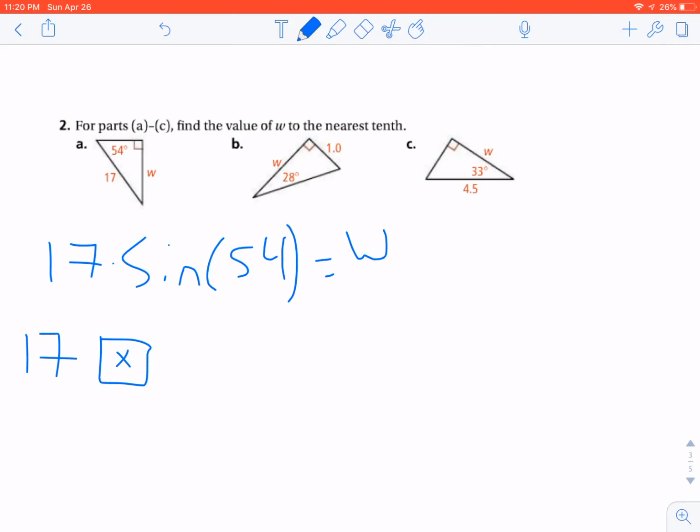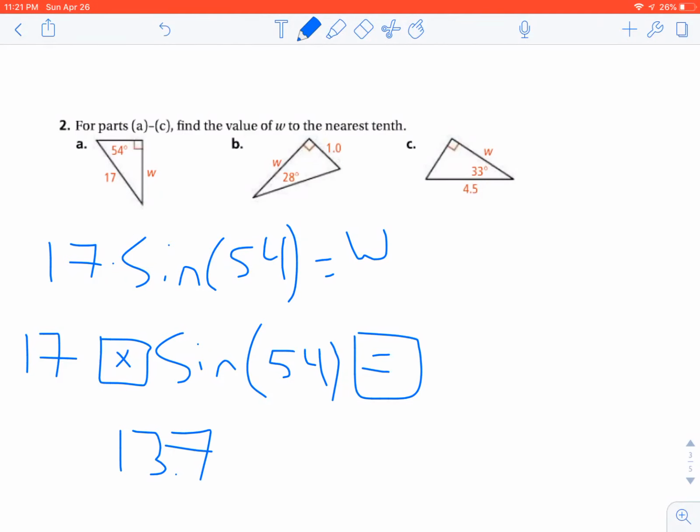When you hit the SIN button, it should put SIN with an open parenthesis on your screen, waiting for you to put the number. Type in the number 54, close that parenthesis, and hit enter. It should give you 13.7.